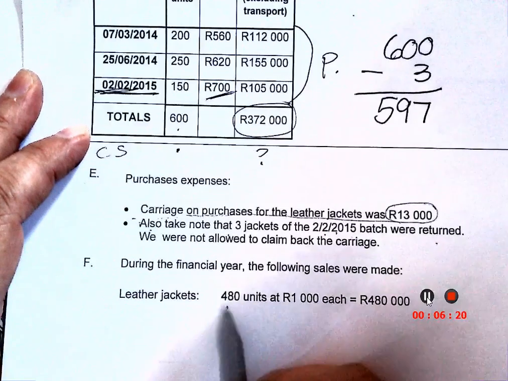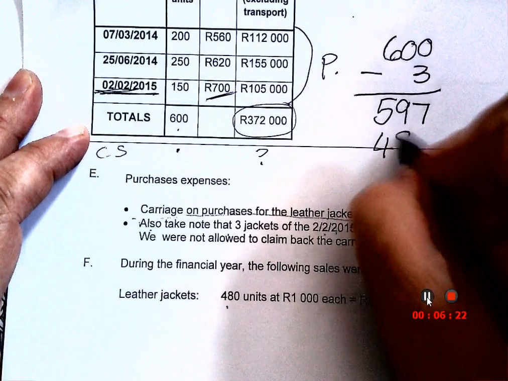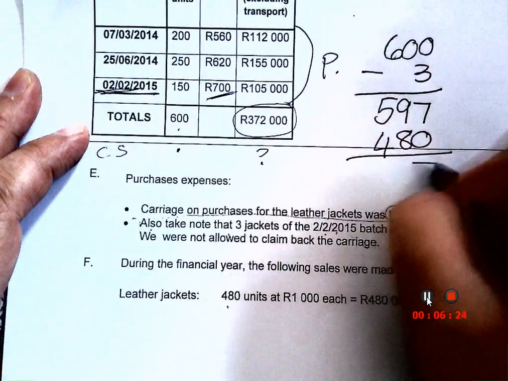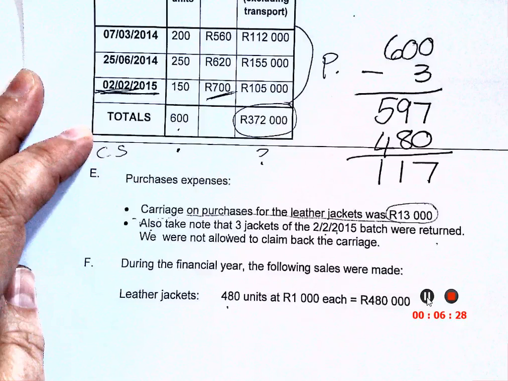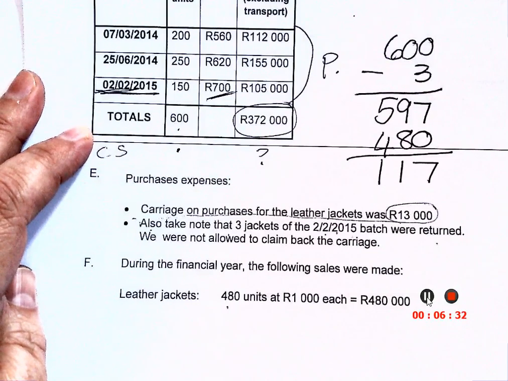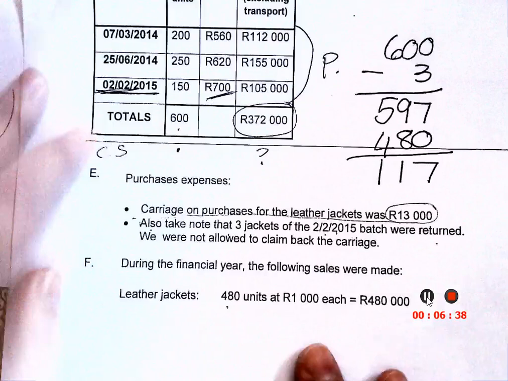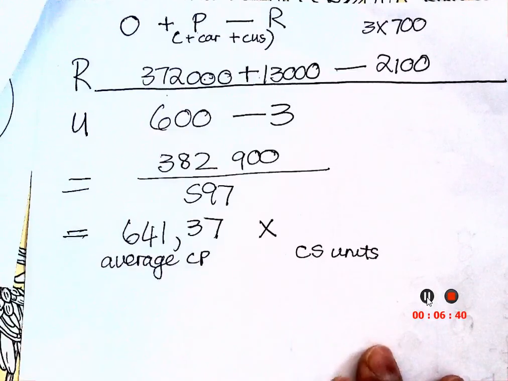They tell me I sold 480. So that means we have 117 units in my closing stock that I'm counting. Okay, you guys with me? Okay? So now I'm just going to say, oh, you know what?